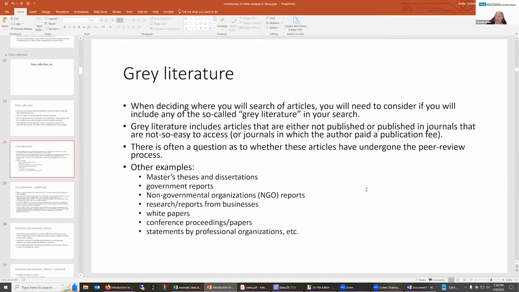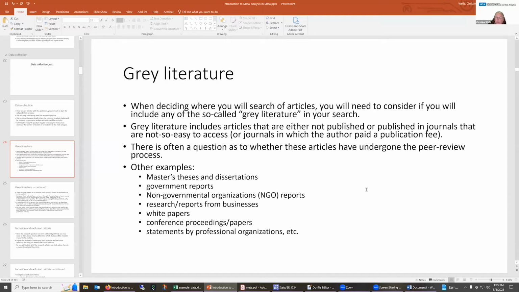When you're going through your research, the published literature is usually pretty easy to access because it's in these databases, or at least if it's too recently published, you know about it, you've got the journal or whatever else. But there are other kinds of literature that are not so easy to access because either they're not published or they're not published in something that got into one of these databases.